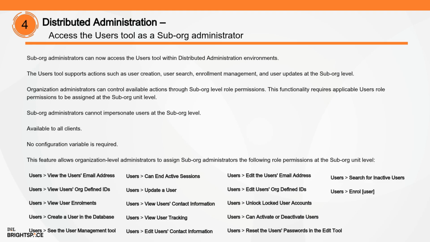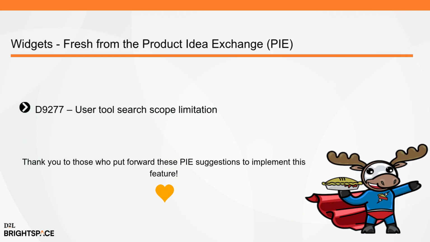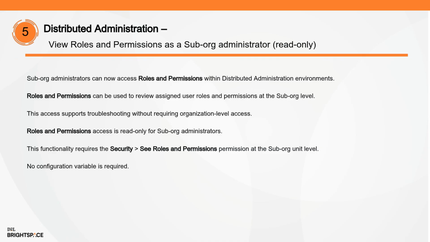To enable, organization-level administrators must assign the appropriate Users role permissions to sub-org administrators at the sub-org unit level. This feature implements the following PI item, D9277, User Tool Search Scope Limitation. Thank you to those who put forward this PI suggestion.